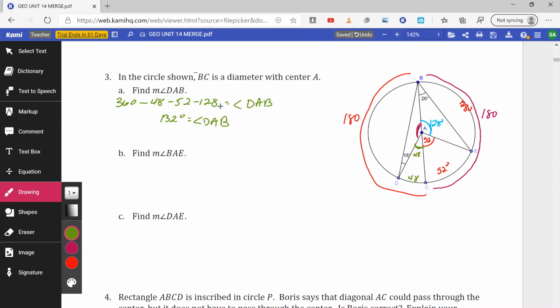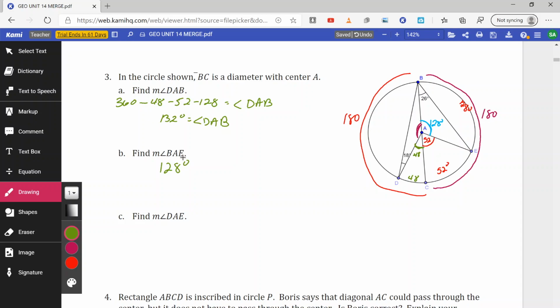Part B, find angle BAE. We already found it by using what we know. We know the diameter created 180 degrees. And using the inscribed angle theorem, we found this arc CE to be 52. We subtracted it to get 128 degrees, and the fact that central angles are the same measure as the intercepted arc means that is 128 degrees as well. And we have to figure out arc DAE.